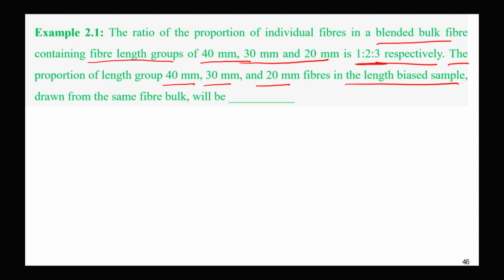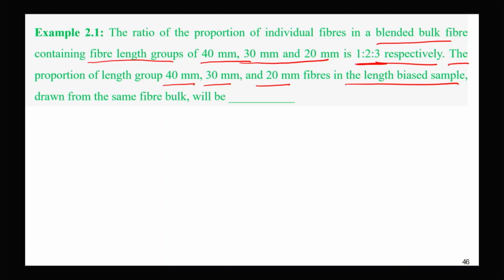So one is length bias sampling, another is the numerical sampling. If we have this proportion of fiber in a sliver, and if we take the numerical sampling, the proportion will remain the same, 1:2:3.